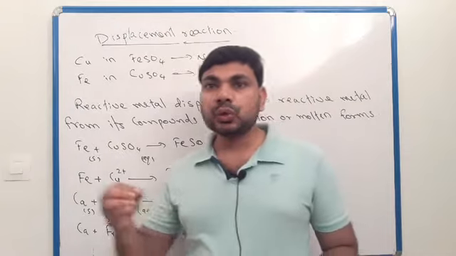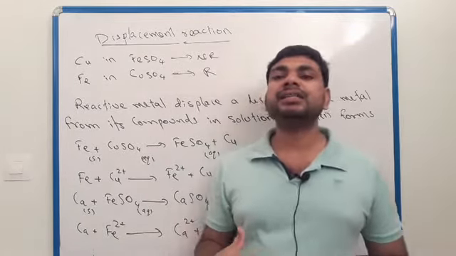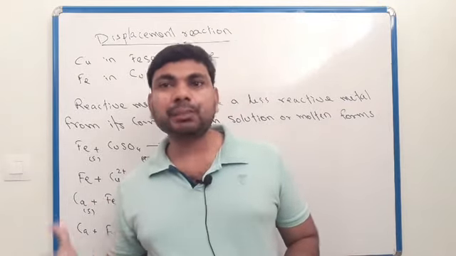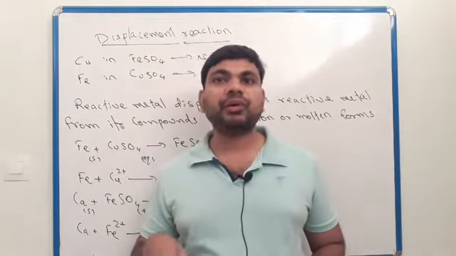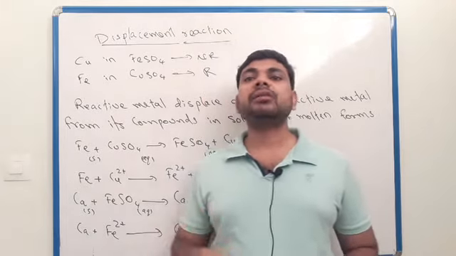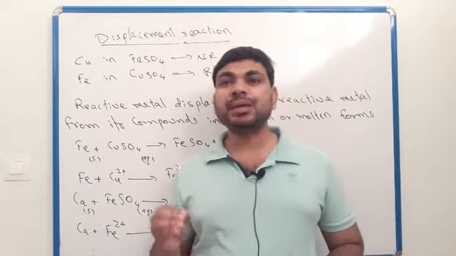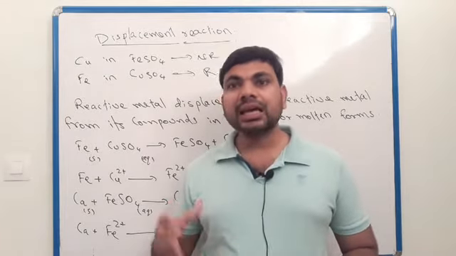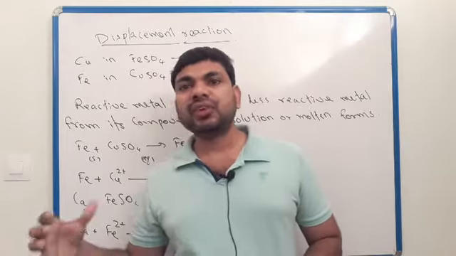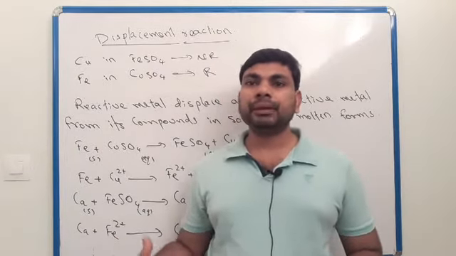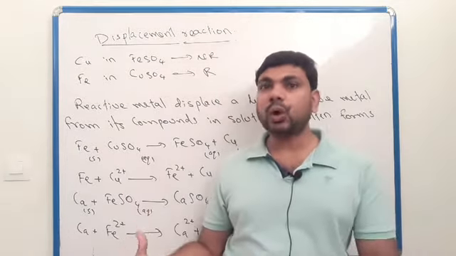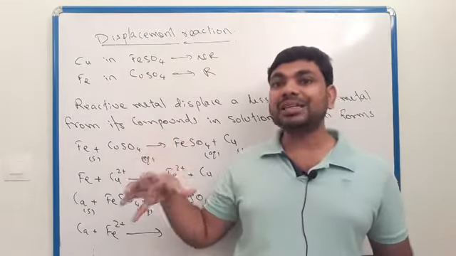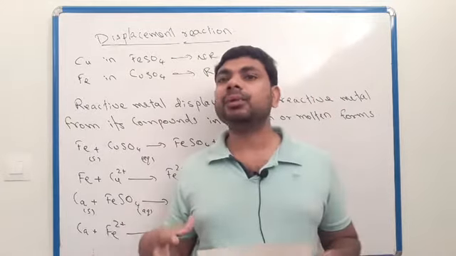So from this experiment we can say a more reactive metal displaces a less reactive metal from its compound. This chemical reaction is called displacement reaction. This may be in aqueous solution or molten form, copper sulfate solution or copper sulfate in molten form.